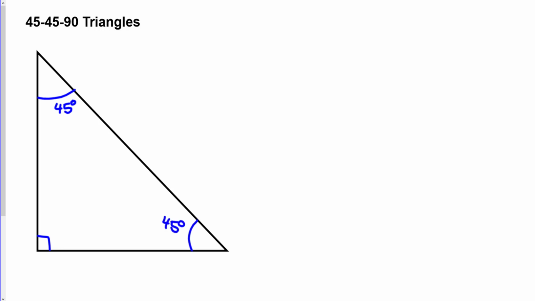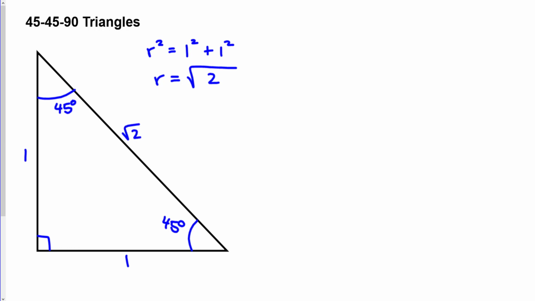Using this setup, if I call the length of the side opposite the 45-degree angle measures 1, which according to what we said earlier would have to be the same for each one, then we can calculate what the value of r is, the length of the hypotenuse. So we can calculate it as, say, r squared equals 1 squared plus 1 squared, or r equals the square root of 2. So this length along the hypotenuse is the square root of 2.